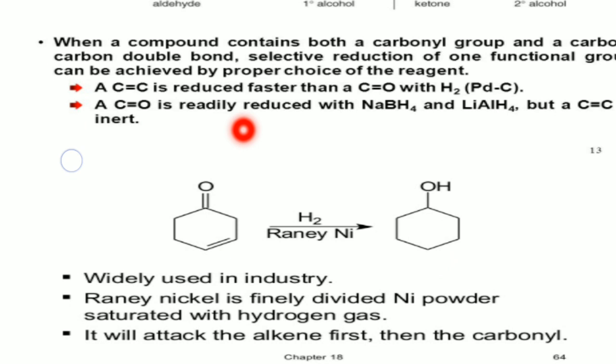But it will attack the carbon-carbon double bond before reducing the carbonyl group. This is the special feature of Raney nickel.